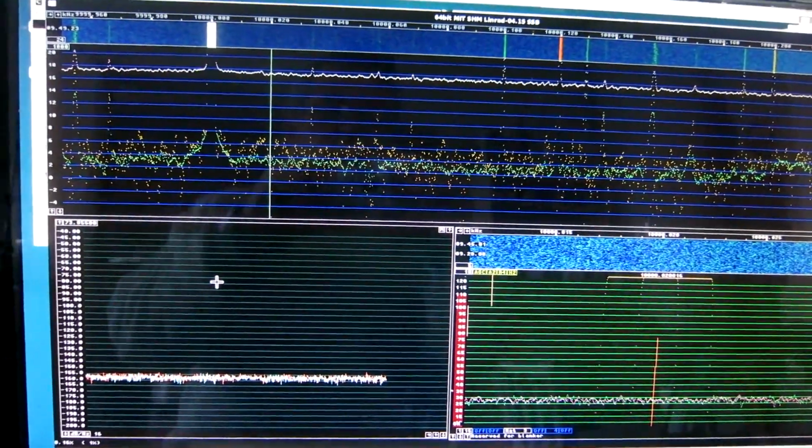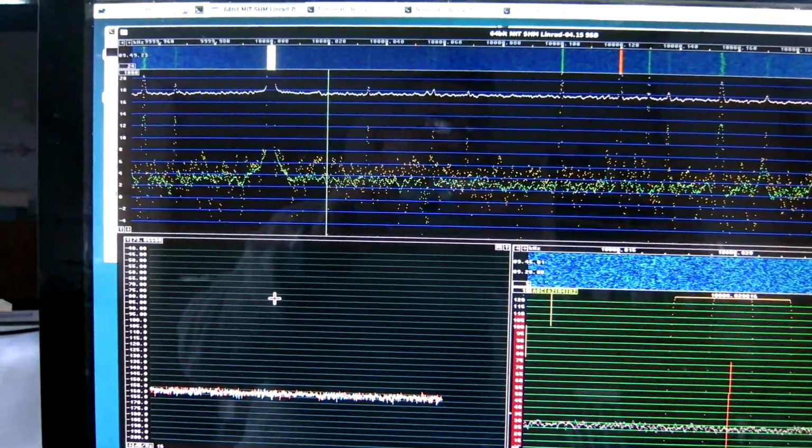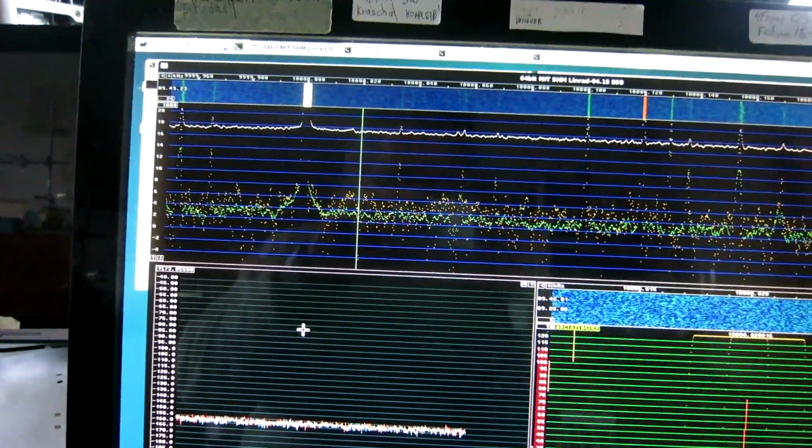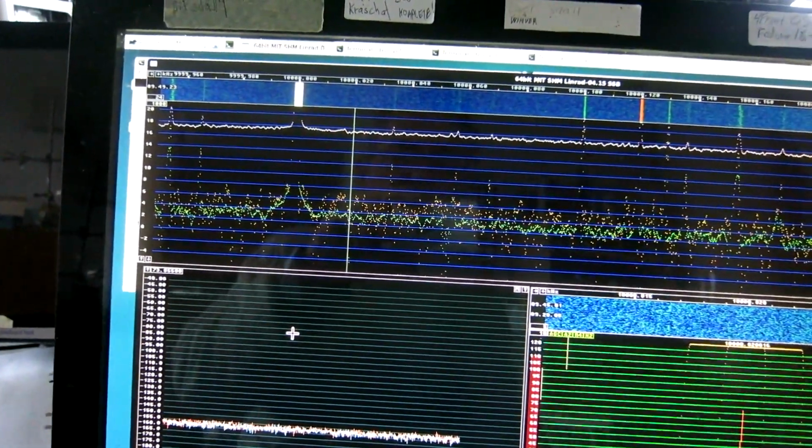Here is the Linrad screen after several hours collecting average correlation spectra.